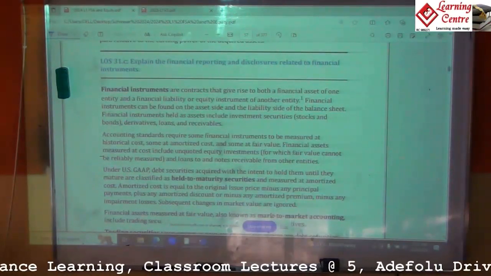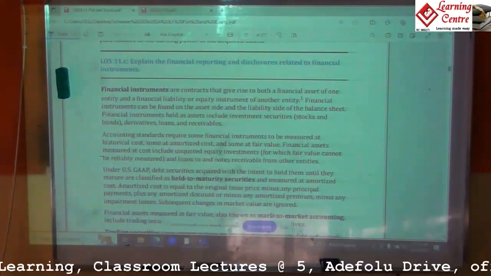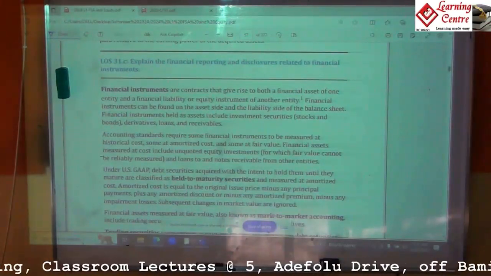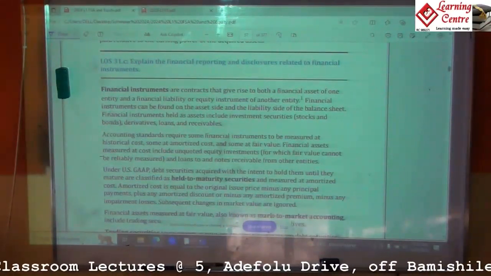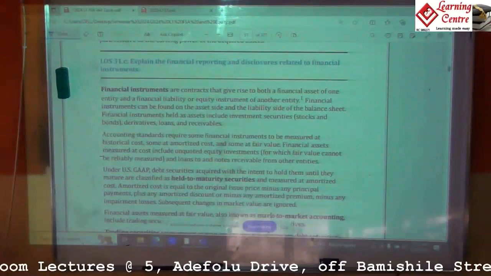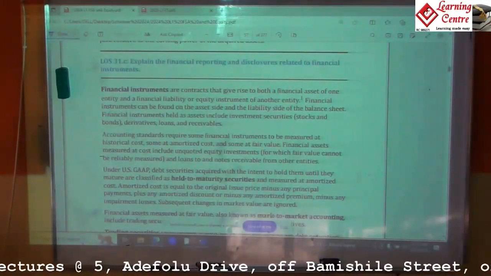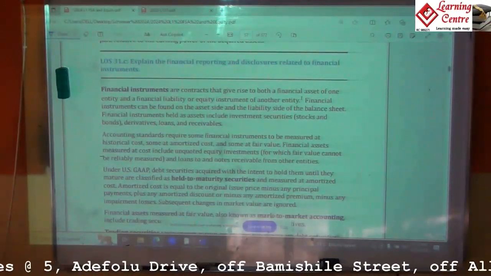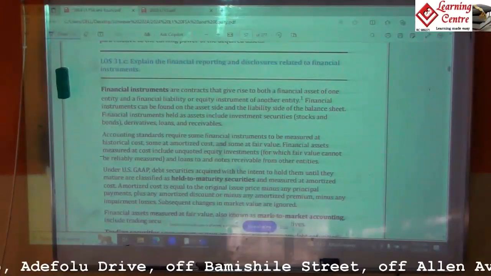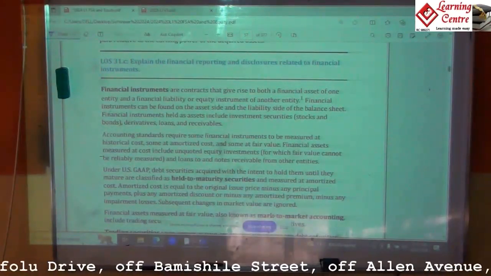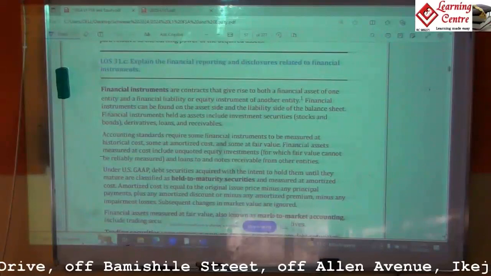Good. Now US GAAP. US GAAP believes there's nothing like investment property, so they don't record investment property in their books. Yes, let's take note. US GAAP believes there's nothing like investment property, so they don't record it in their books at all.